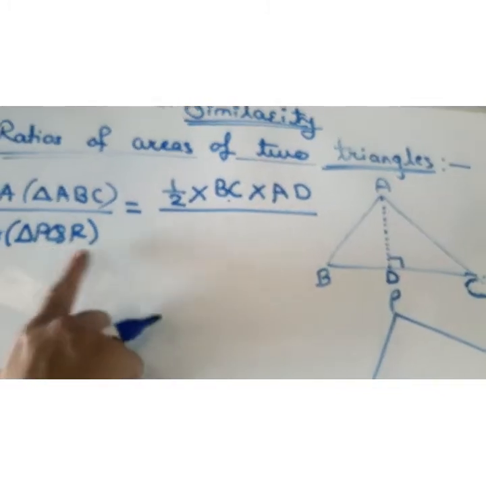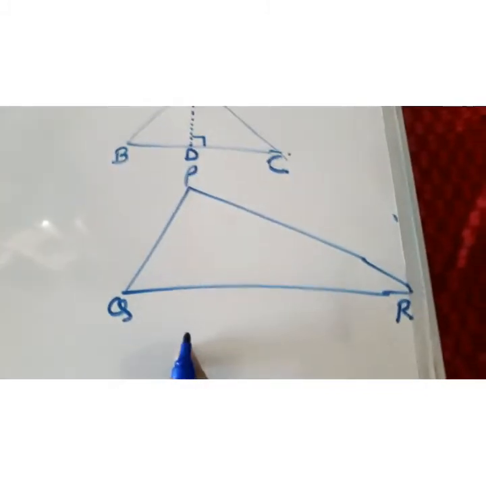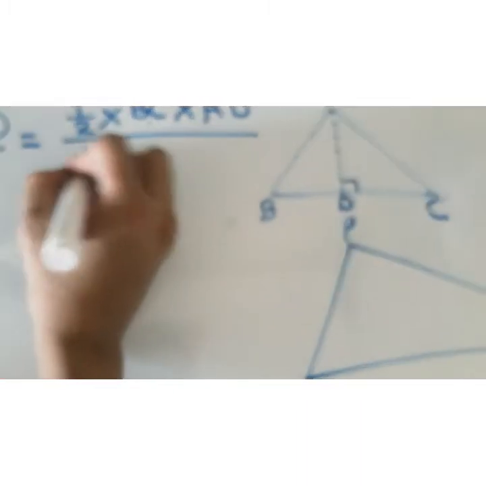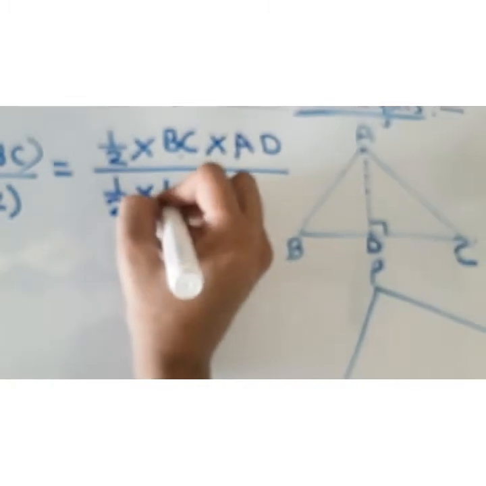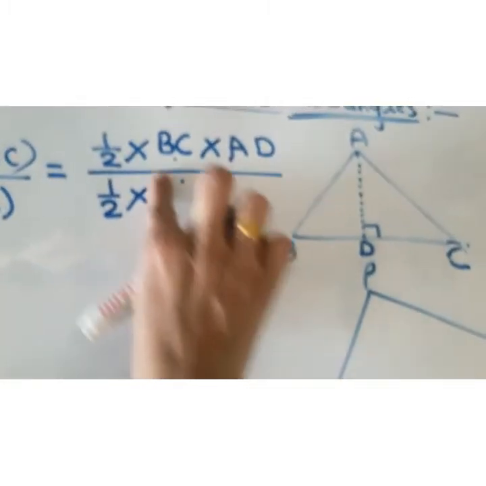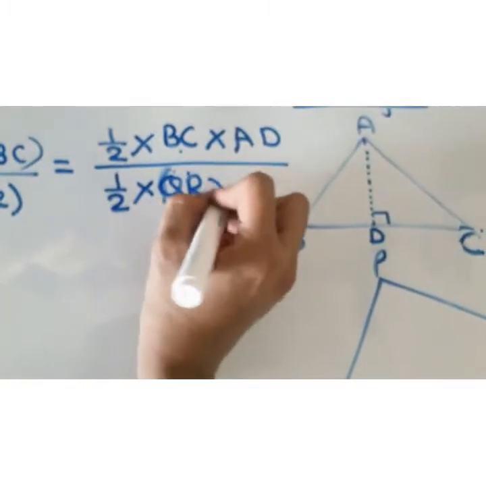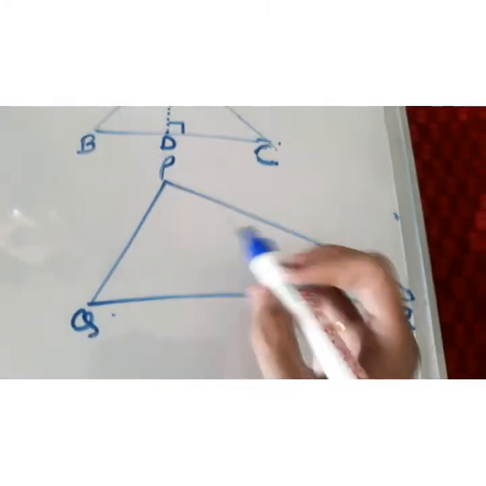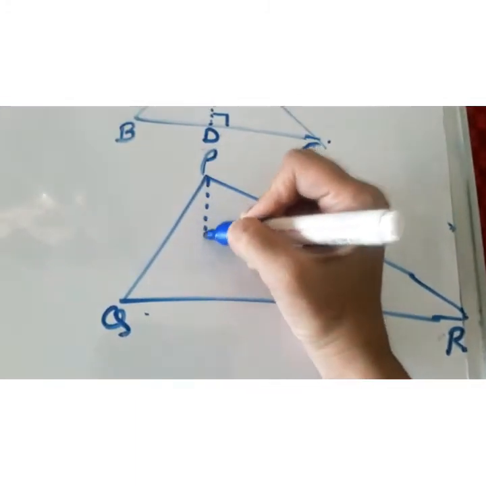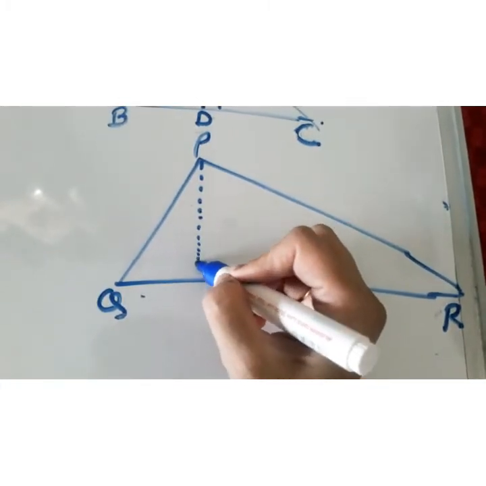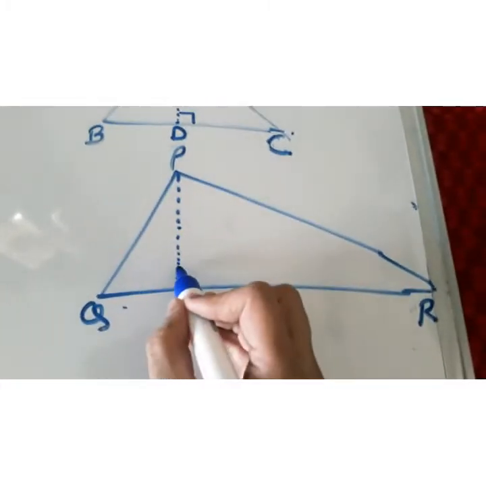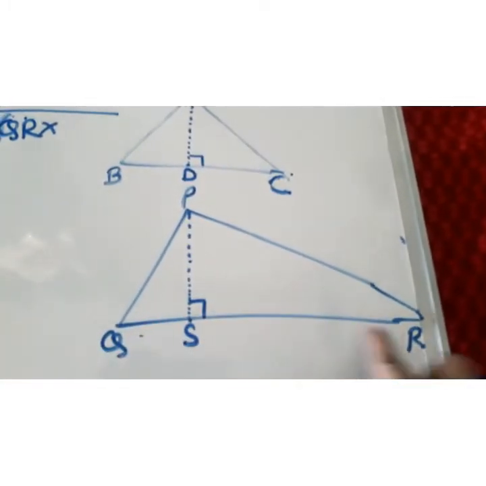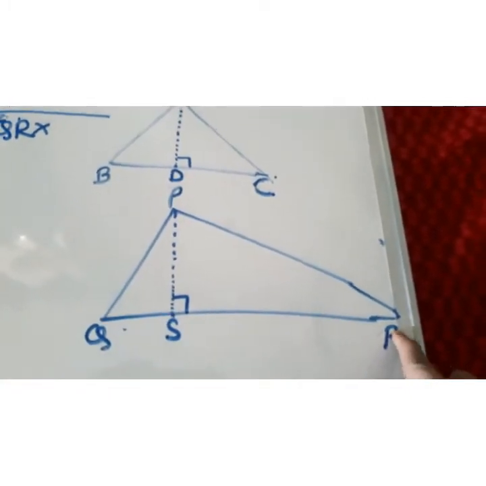Next is our triangle PQR. In this triangle PQR, QR is the base. The same way, the area is half into base QR into height. The perpendicular distance on QR from the opposite vertex is the height of that triangle, so this PS is the height of triangle PQR.